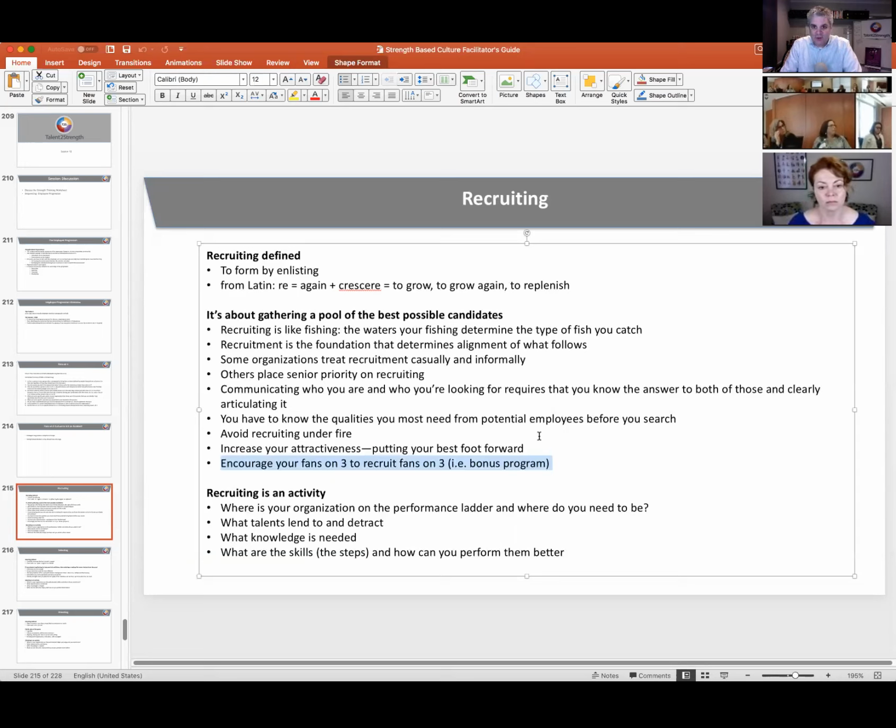It's just going to be the natural byproduct of it. And where you have poor outcomes or low employee satisfaction, I'm going to guess it's a fan on 1 environment.